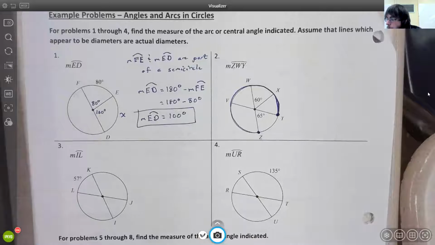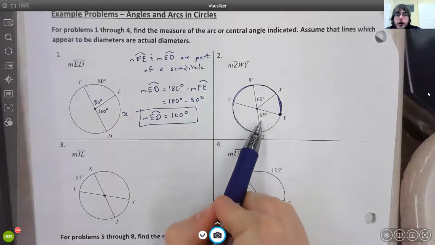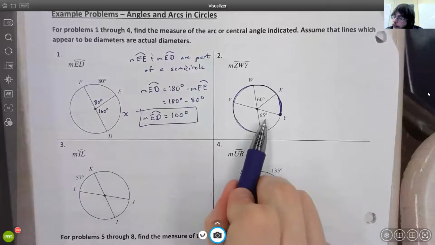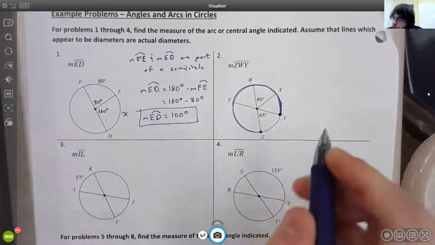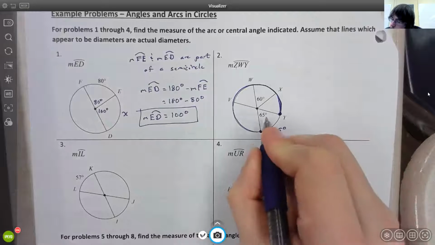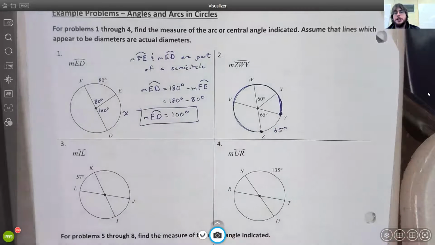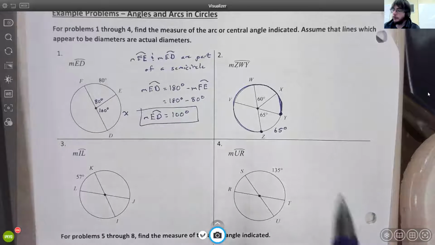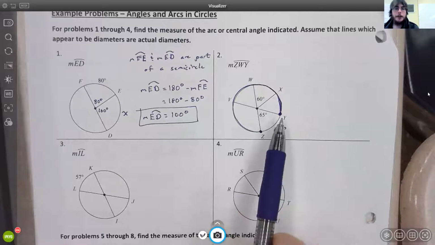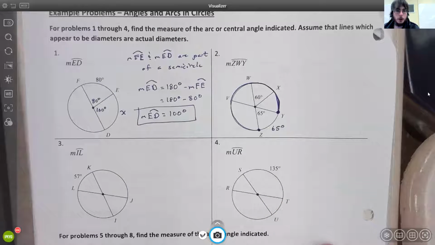Now, you'll also notice that you have a 60-degree angle and a 65-degree angle here. Well, since you have a 65-degree angle there, arc ZY has to also be 65 degrees because the central angle and its arc are equal to one another. Now, this arc and the arc we want to find form the whole circle.